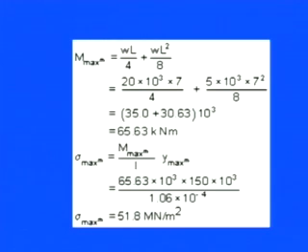And I, we just calculated, is 1.06 into 10 to the power minus 4, which we are keeping for this I section. If you put all those values in, then we have the maximum stress as 51.8 mega Newton per meter square.